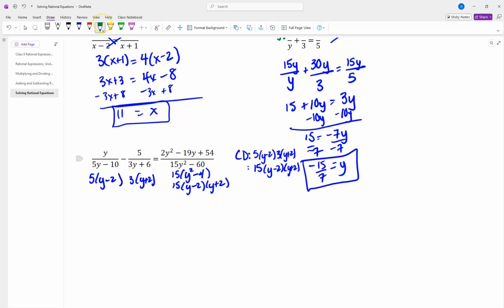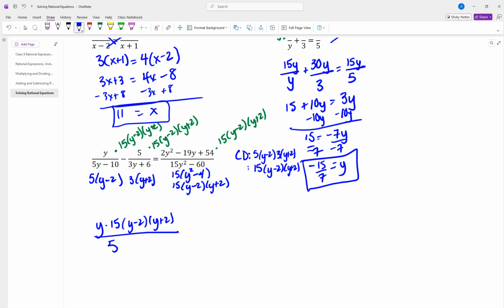But now what I'm going to do is multiply each component of this by that common denominator: y times 15, y minus 2, y plus 2, over 5y minus 2, minus 5 times 15, y minus 2, y plus 2, over 3y plus 2.